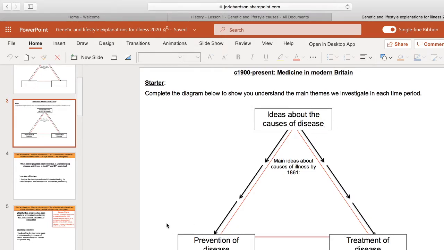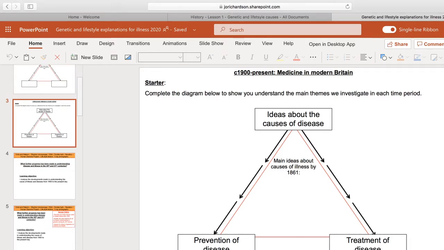When we think of prevention of disease in this time, similarly to the industrial period, we're looking at vaccinations, and in this modern period, the idea of limiting risk factors in terms of environmental factors. That might be stuff like reducing smoking or obesity, and how the government and education promote that to prevent diseases in the future, and our understanding of that link.